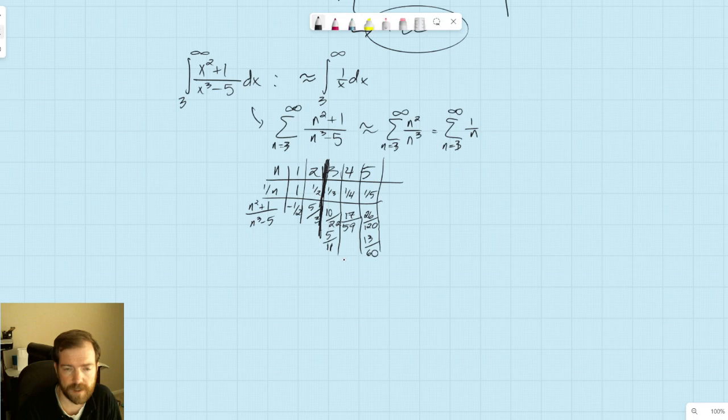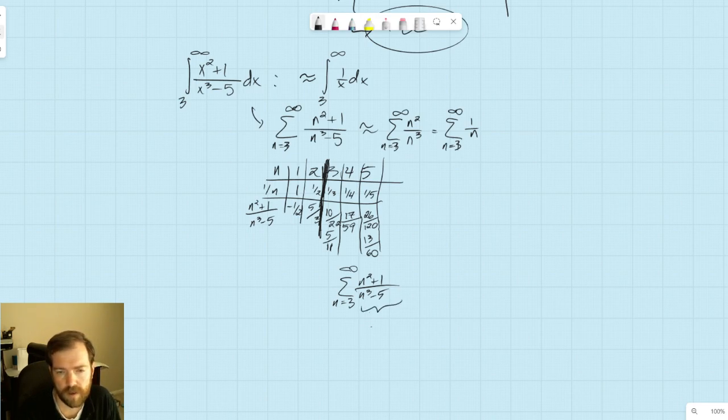So as we go through, and this is going to be important, the sum of (n squared plus 1) over (n cubed minus 5) from n equals 3 to infinity, we end up with the individual terms being greater.